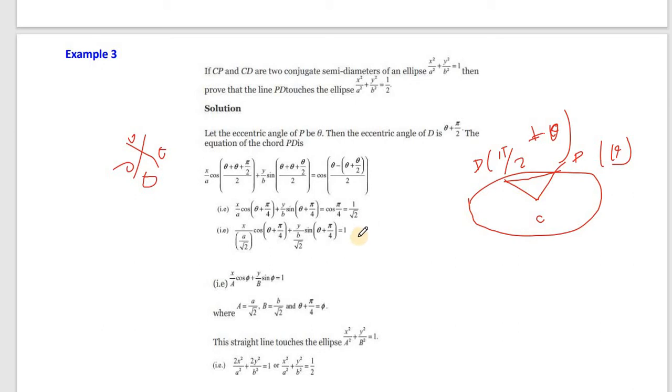Now we know that the chord joining 2 points is given by x by a cos of theta plus phi by 2 plus y by b sin theta plus phi by 2. It is actually, so this is a print mistake, it should be phi.